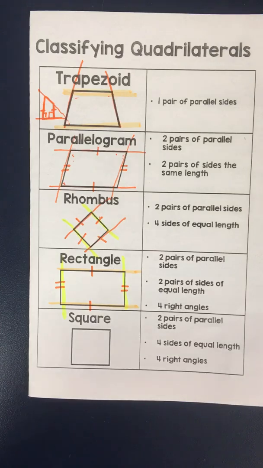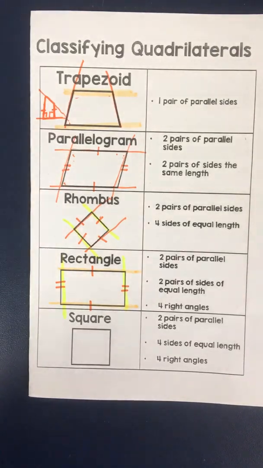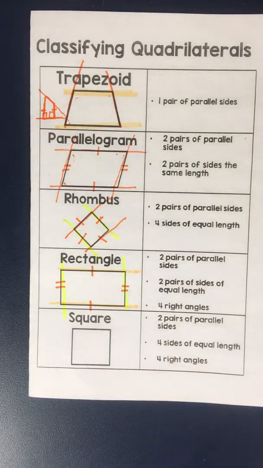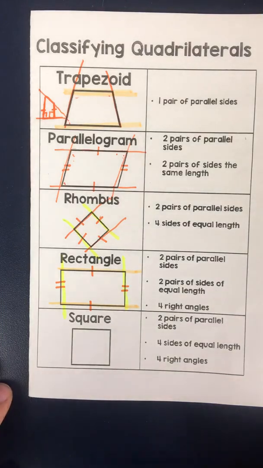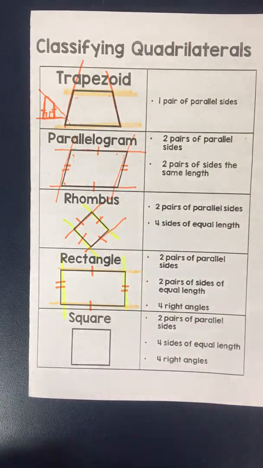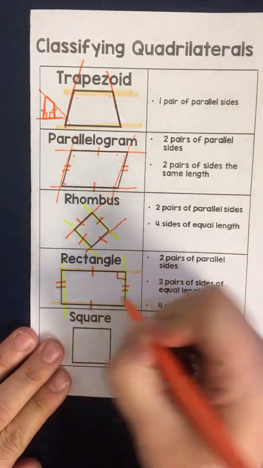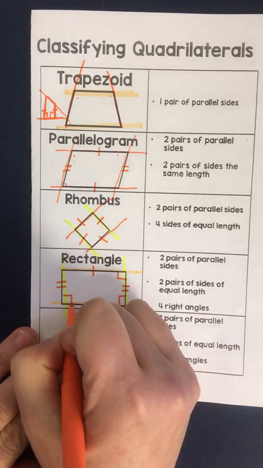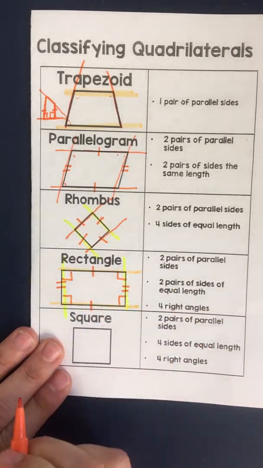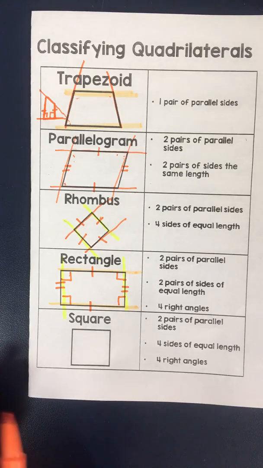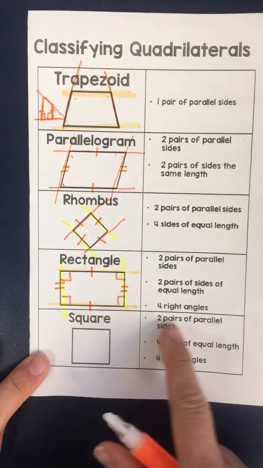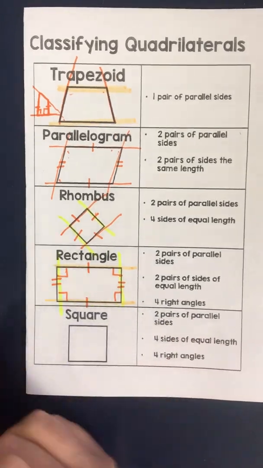It sounds a lot like a parallelogram to me, and I'm going to go through here and tell you some things about this when we're done. We're just looking at their attributes. Also, these form 90-degree angles. And the last one is a square. A square has two pairs of parallel sides.